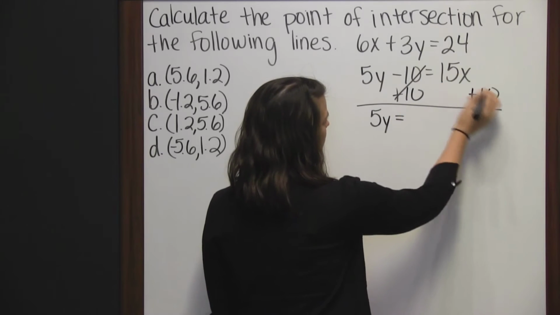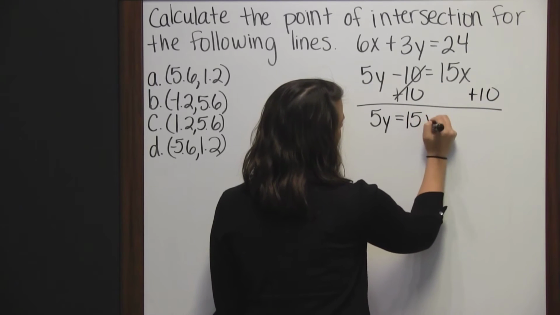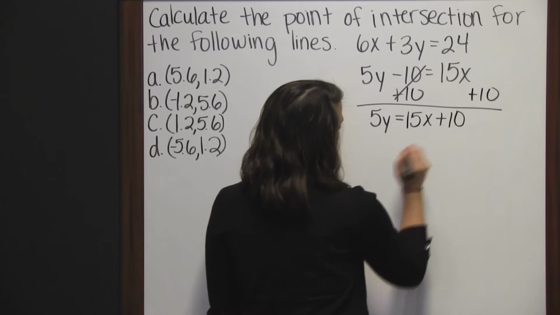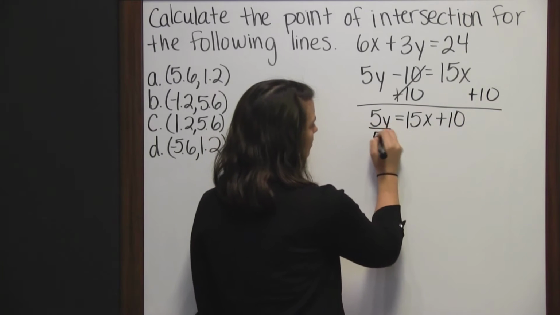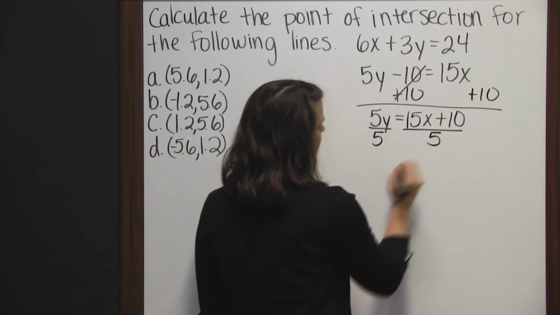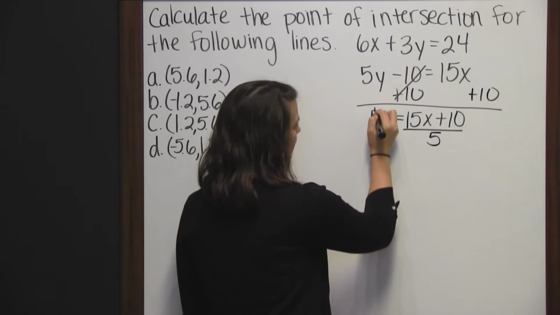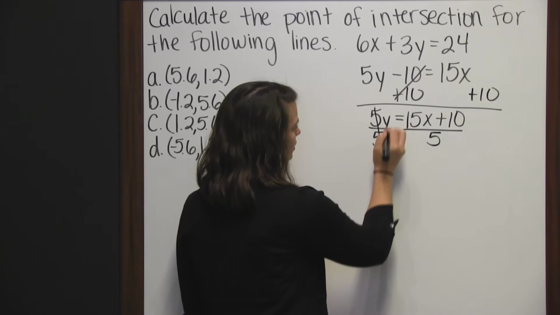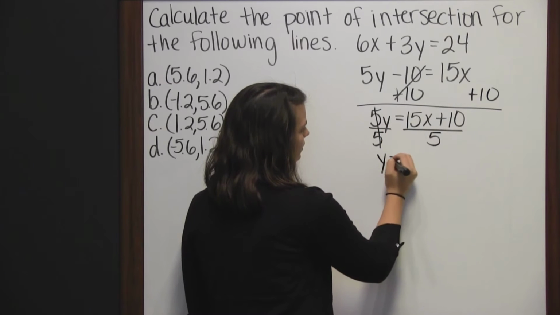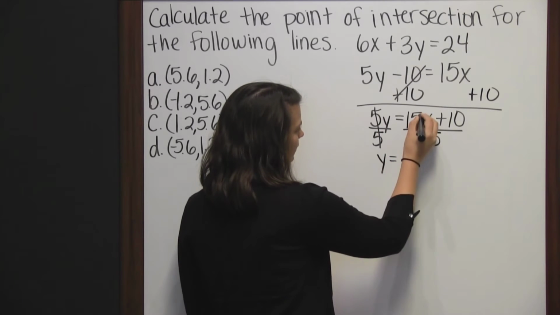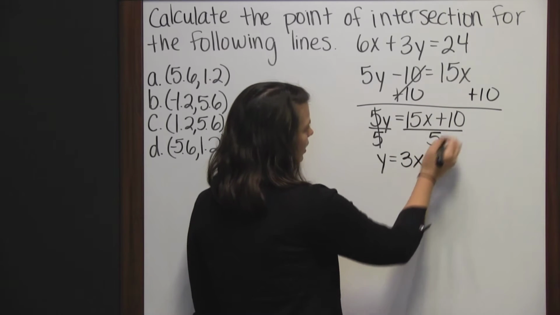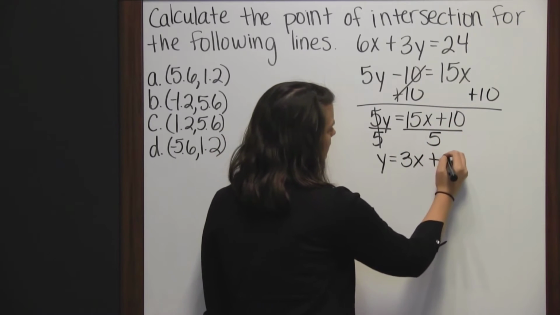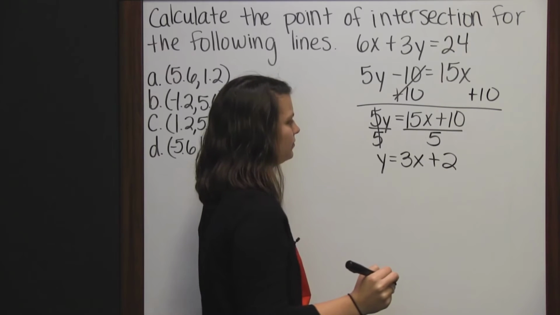Equals, these are not like terms, so just write them down. Then we need to divide everything by the coefficient of y, which is 5. 5 divided by 5 is 1, times y is y, equals 15x divided by 5 is 3x, and 10 divided by 5 is 2, so plus 2.